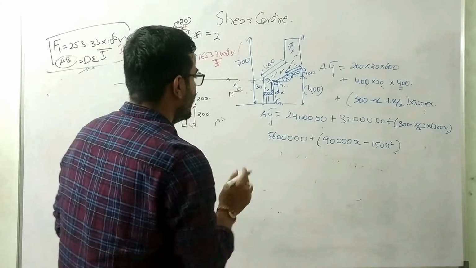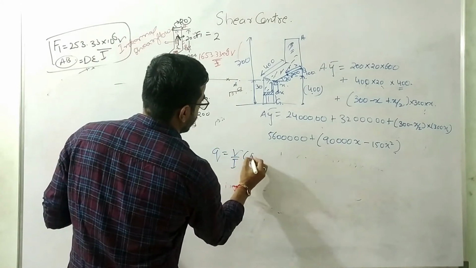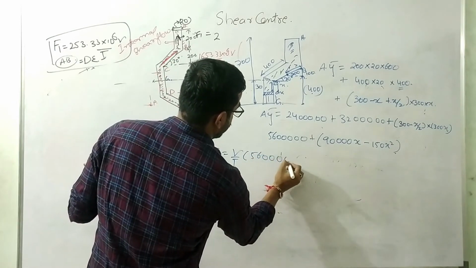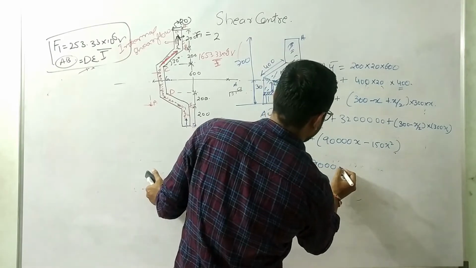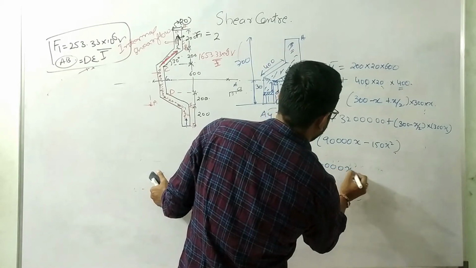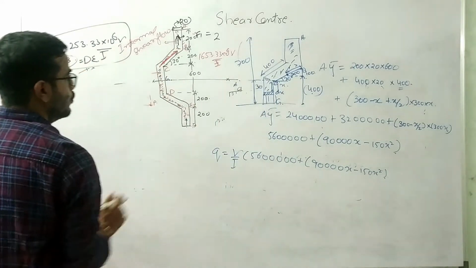So I need to integrate this expression. For this, q is nothing but v over I into 563 plus 90,000 x minus of 150 x square. Right, so this is q.